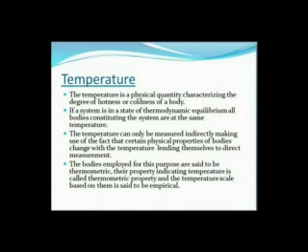So we actually measure these physical properties in order to measure the temperature. So the bodies employed for this purpose are said to be thermometric. Their property indicating temperature is called thermometric property, and the temperature scale based on them is said to be empirical.